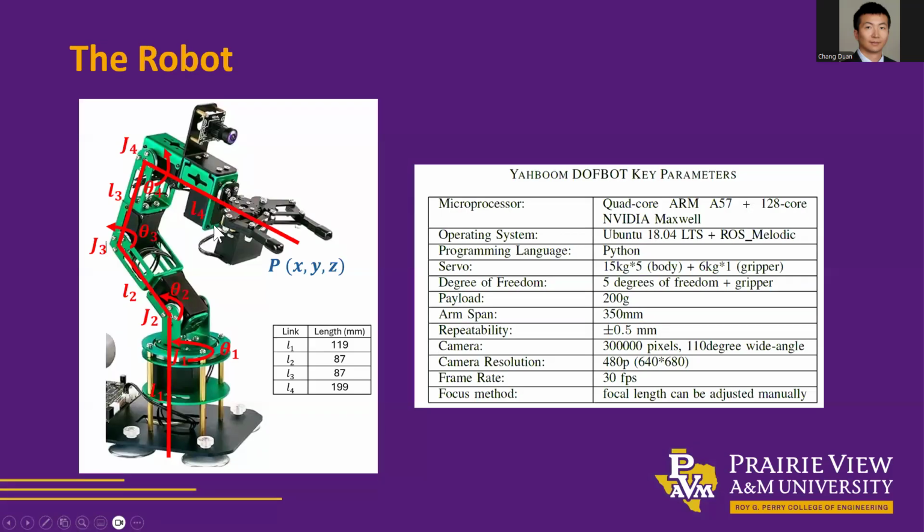As denoted here, the four links L1, L2, L3, and L4 are used in our kinematics calculation. This slide lists some of the major parameters of the robot. I should mention we also replaced the original camera, so the new camera has a larger field of view.